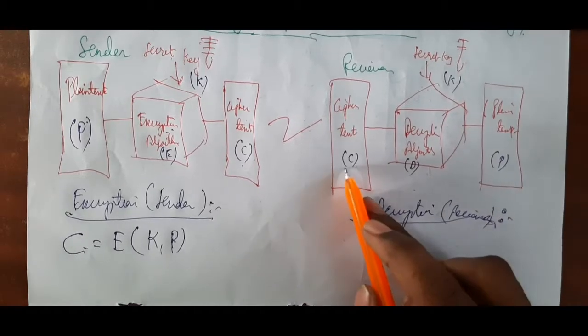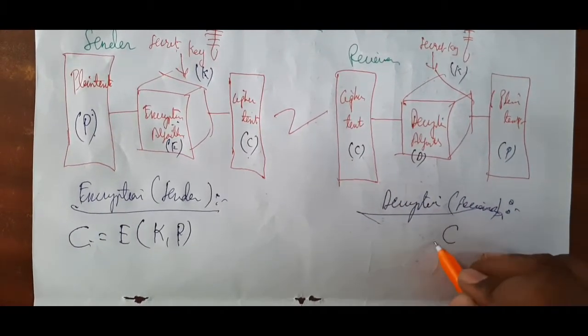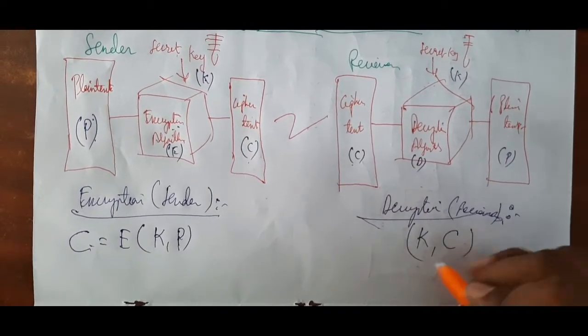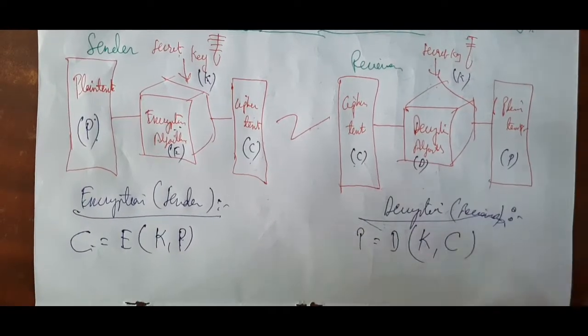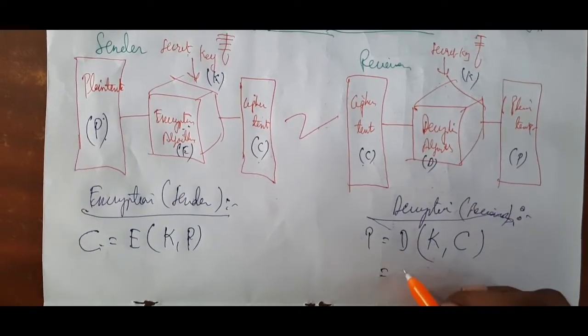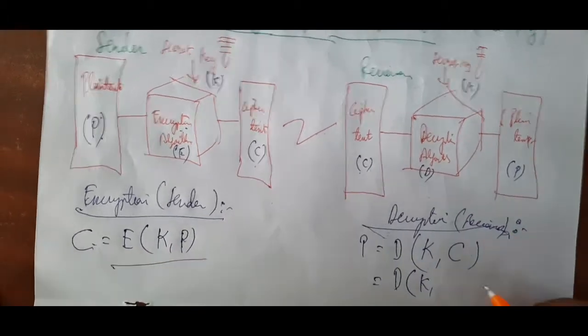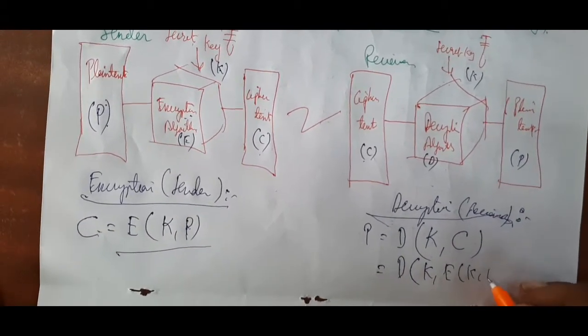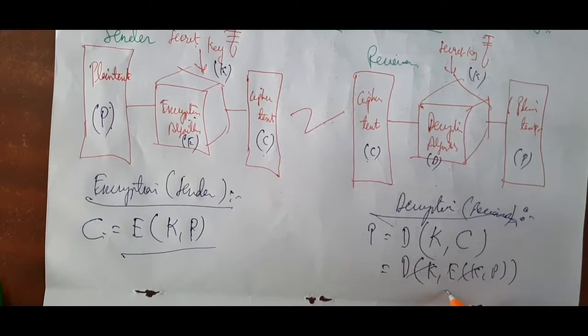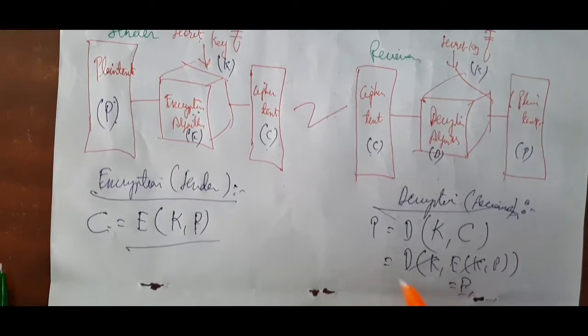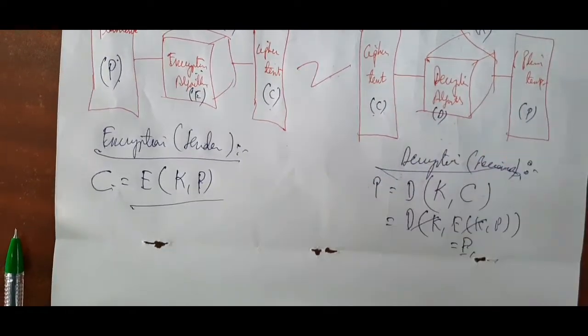Here you can see the ciphertext is the input. So ciphertext comma the key, with the help of decryption you'll get back the plain text. How are you going to get back this plain text? D of K comma, what is C? C is E of K comma P. So here you will get back the plain text. So LHS is equal to RHS at the receiver side.